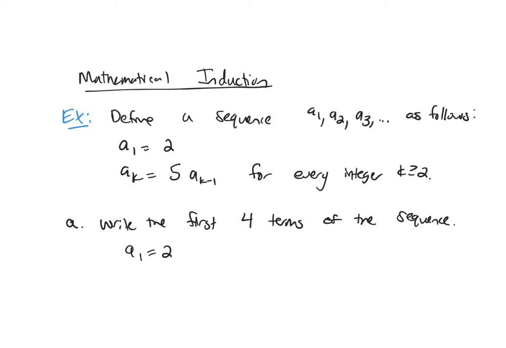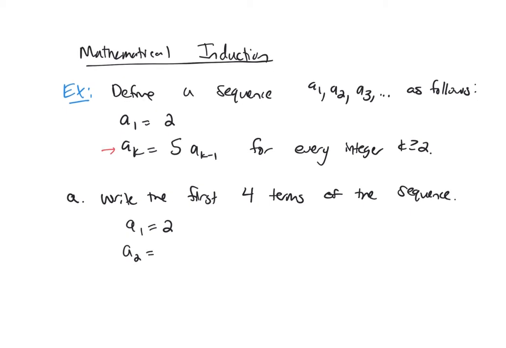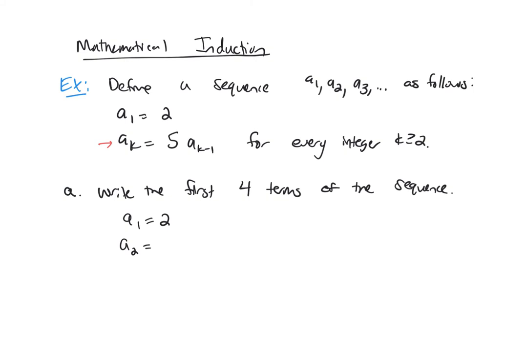So let's find A2 now. To find A2, you're going to use this formula right here, and you're going to plug in k equals 2. So it'll be 5 times A1. So this will be 5 times 2, which is 10.